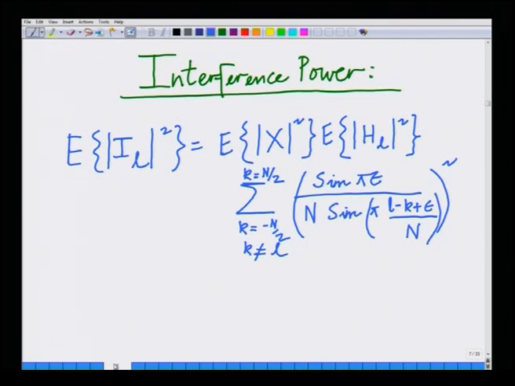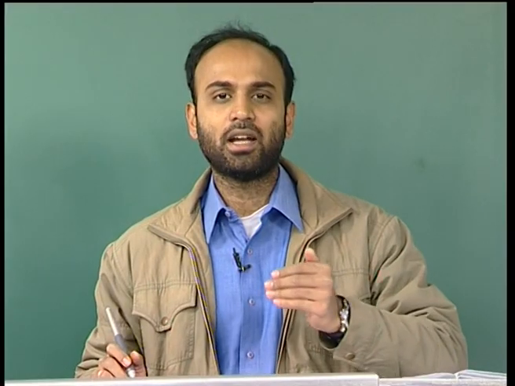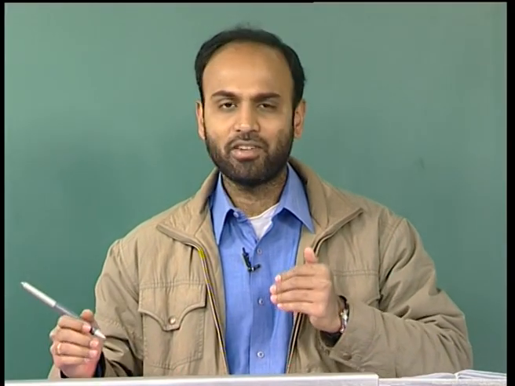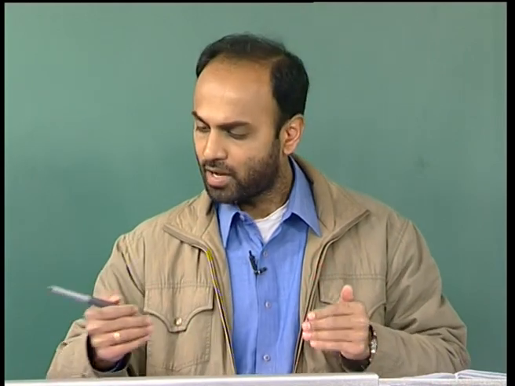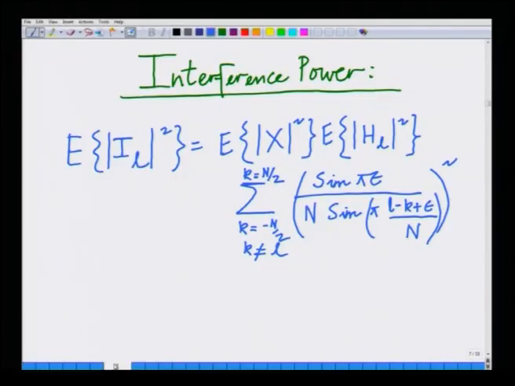Now, I will do a series of manipulations which are slightly cumbersome, but fairly simple also. So, I ask you to just pay attention, because they are more mathematical manipulations rather than anything else, but the idea is essentially to simplify this expression.